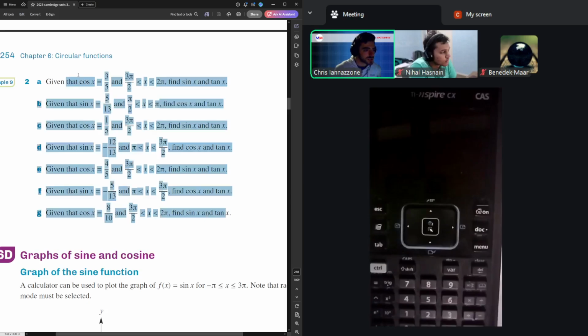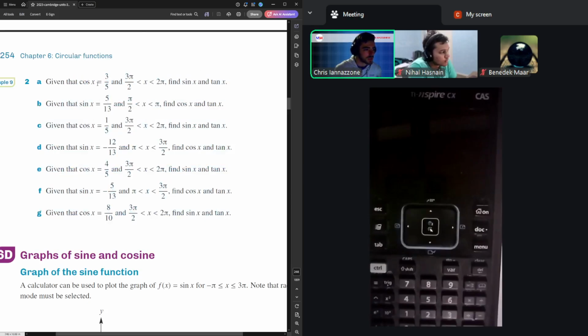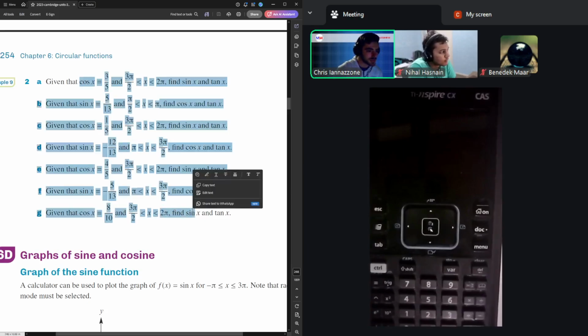The reason this doesn't work is that you need the sine or the cos, not the tan. Once you have the cos, you put it into cos squared plus sine squared equals 1 to figure out the other one, and then you divide the two to get your tan. So this is similar, but different.